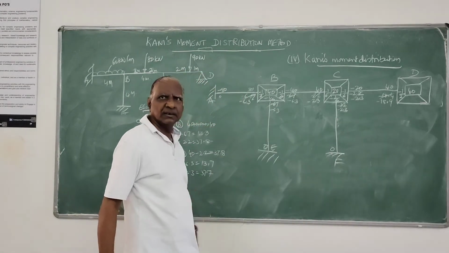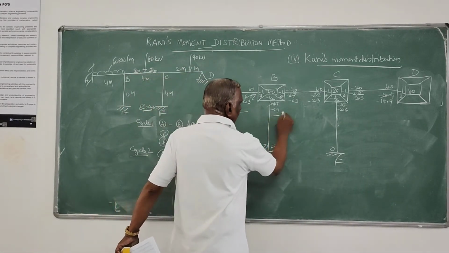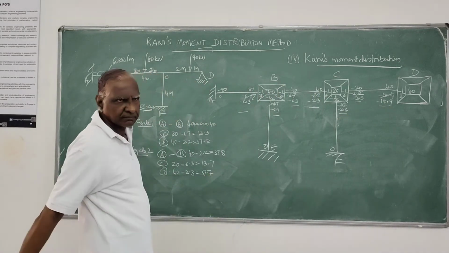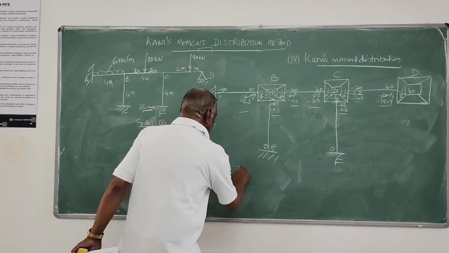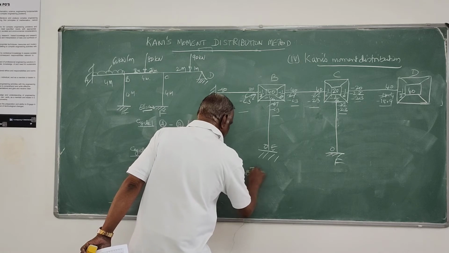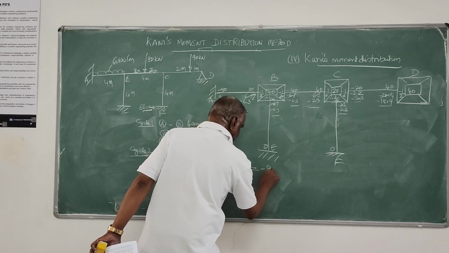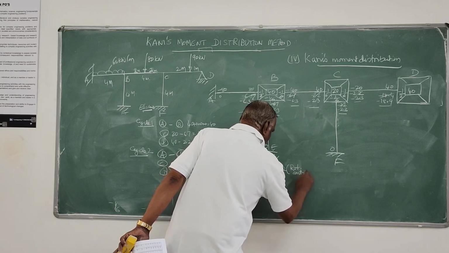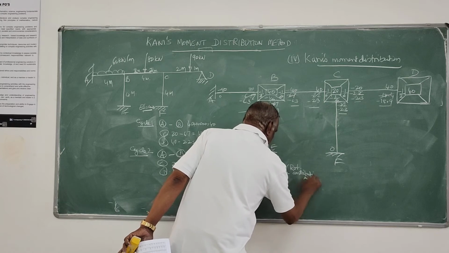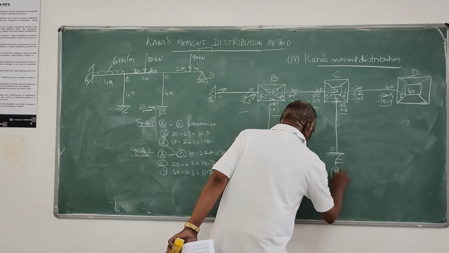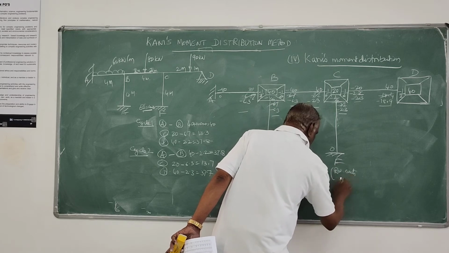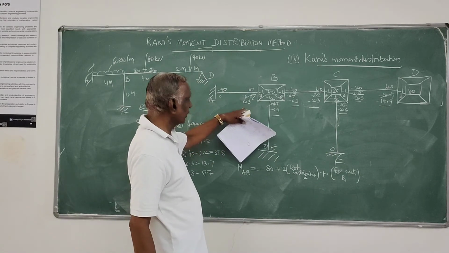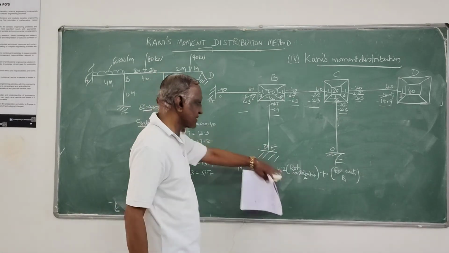Like that you can carry out the Kani's moment distribution. You can stop whenever two consecutive rotation moments are the same or not very different. Then you can find MAB, which is equal to the fixed end moment minus 80, plus twice the rotation contribution at A, plus the rotation contribution at B. Whatever value you got for rotation at B, you take it. Here it is 0 only.